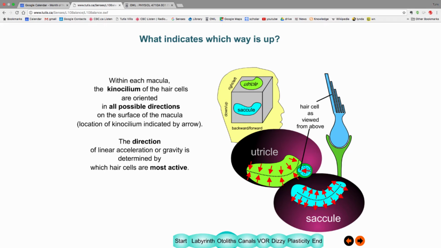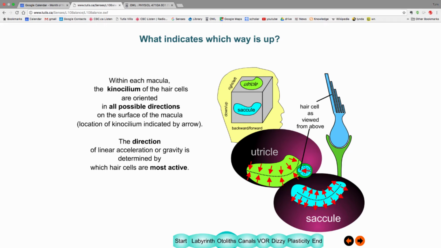And if you look at this as a three-dimensional cube, the utricle lies in the horizontal plane, so something like the plane of your table in front of you. And so it's sensitive to movements to the left, to the right, forward, and backwards. That'll bend those hair cells, or at least one of those hair cells that's aligned in the correct direction.